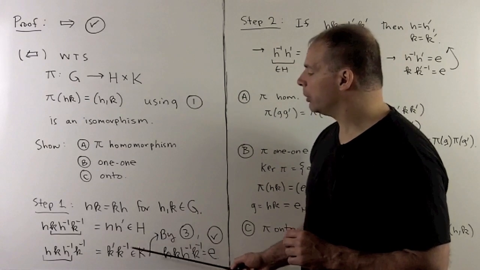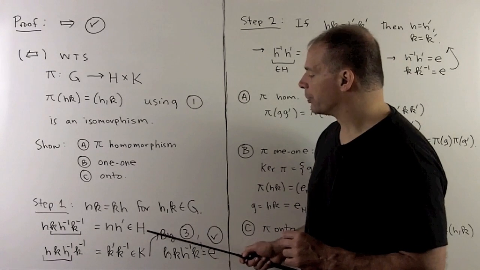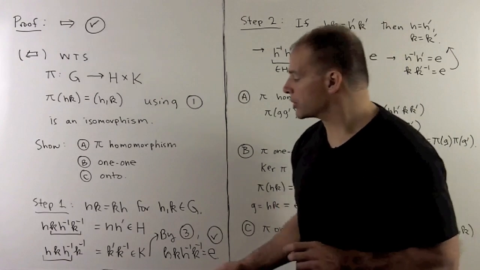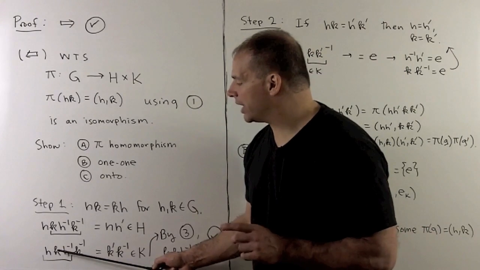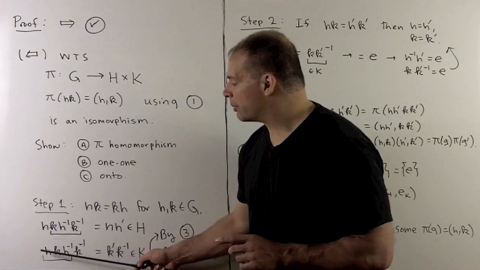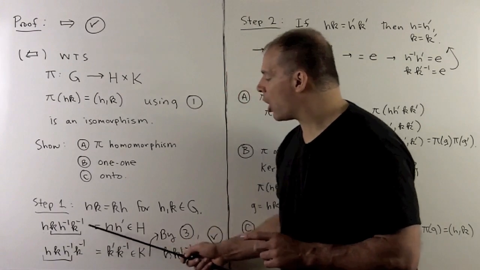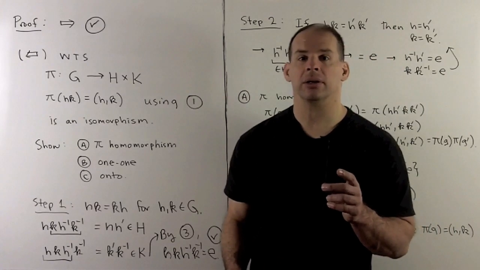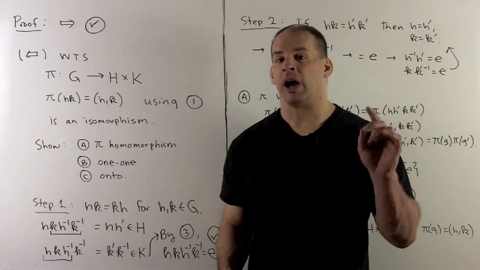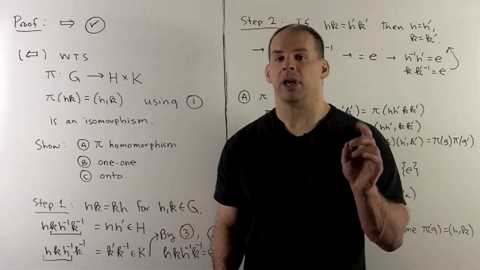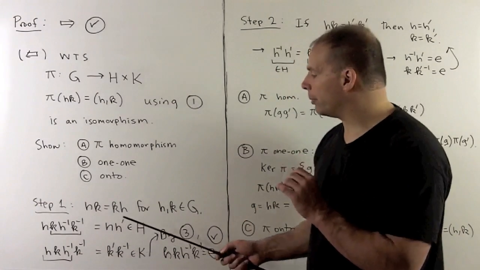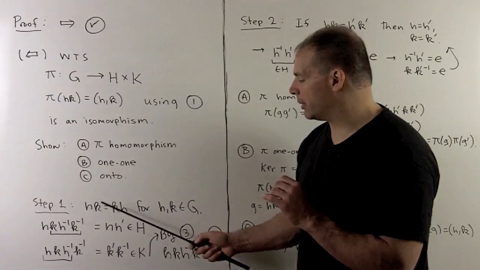Because H is a subgroup, h prime is in H. And then we're going to consider the first three terms. Here I'm conjugating an element of K by h, so by the same argument, this element also lives in the subgroup K. So it's in the intersection. By condition 3, our element must be the identity element. If we push the inverses to the other side, we have our result, that the elements of H commute with the elements of K.